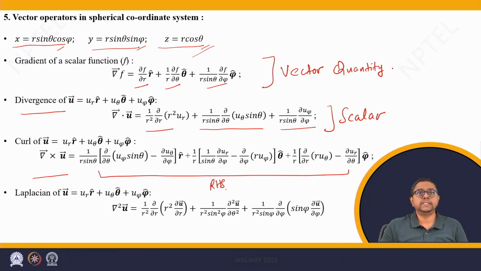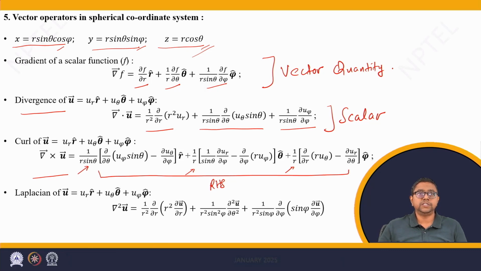Interestingly, we can see that the curl of the vector is weighted by r sine theta for the radial component, while the polar and the azimuthal angle are weighted by simply r.